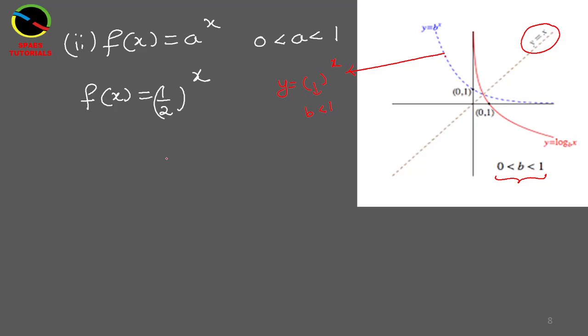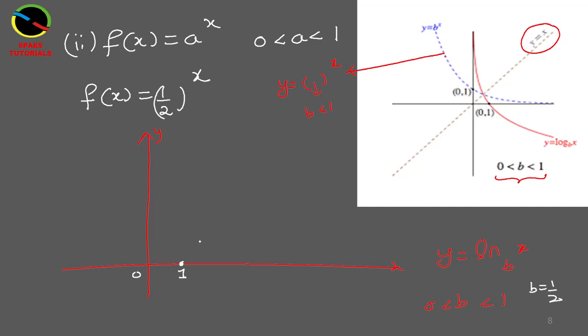So now let us see how the graph of y equal to log x base b looks, where b is between 0 and 1. The base is a fraction, so we have already seen the points. Let's take for example base equal to half.